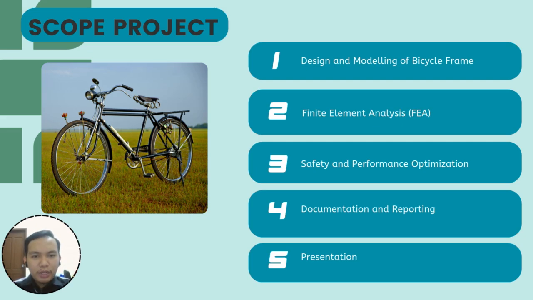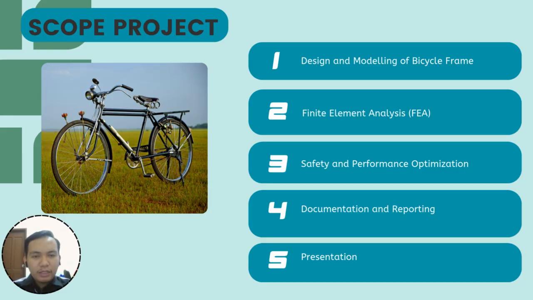The second one is to create a detailed 3D model of the bicycle frame, including dimensions and geometric features necessary for the specific type of bicycle. And the last one is to choose an appropriate material for the frame. For this project, we use a titanium alloy because it has a high strength-to-weight ratio, fatigue resistance, and also corrosion resistance.